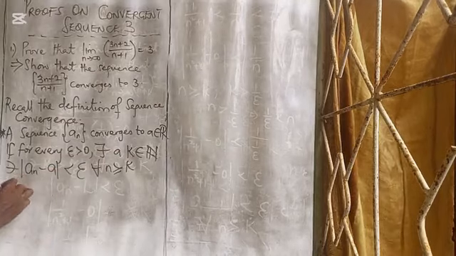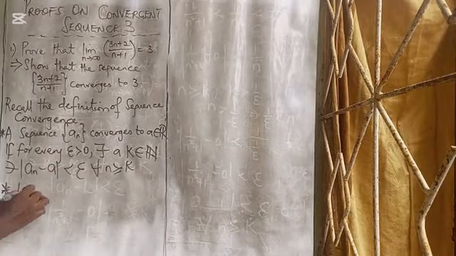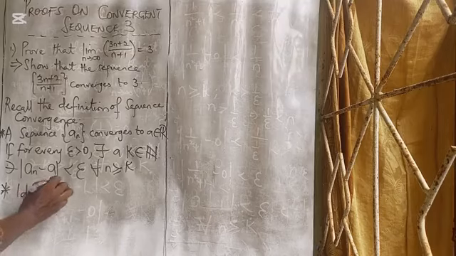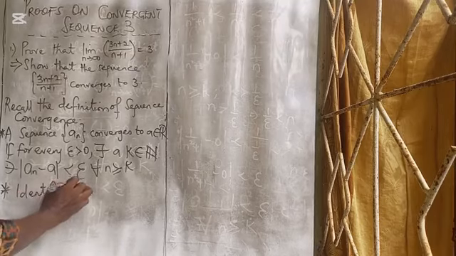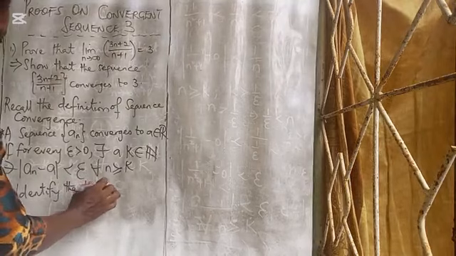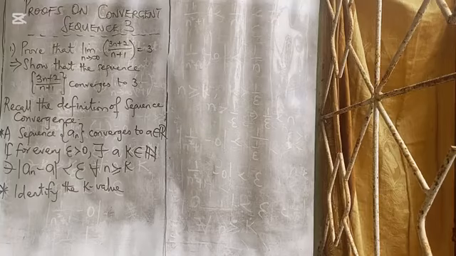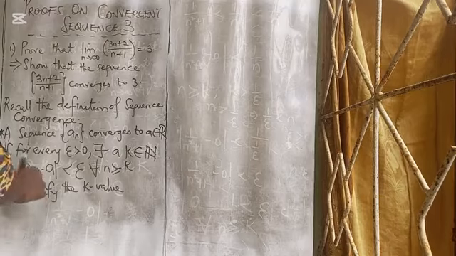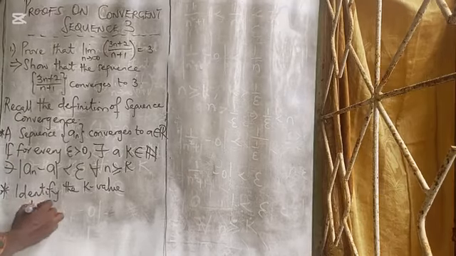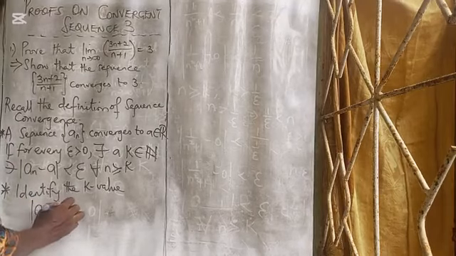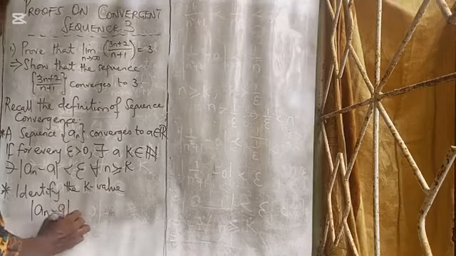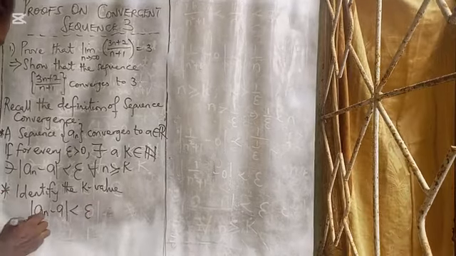So the first thing we need to do is to identify the k value that works. In order to identify the k value, we begin from the magnitude of a_n minus a is less than epsilon.